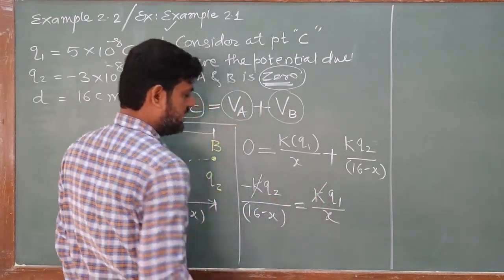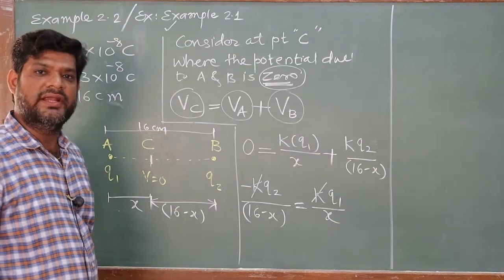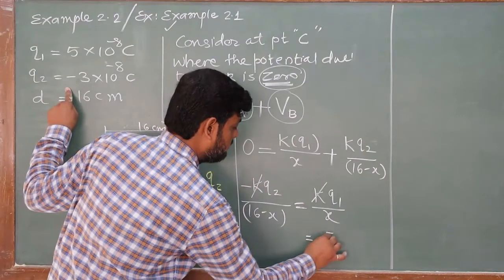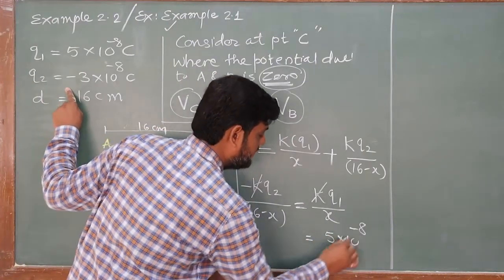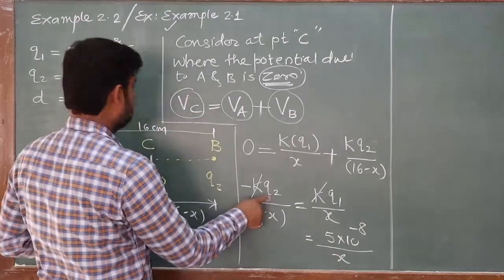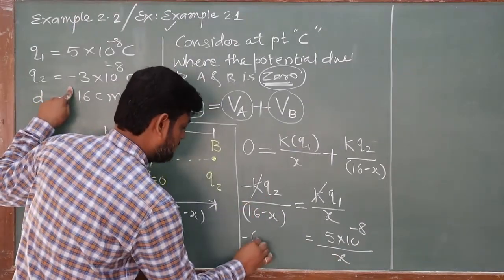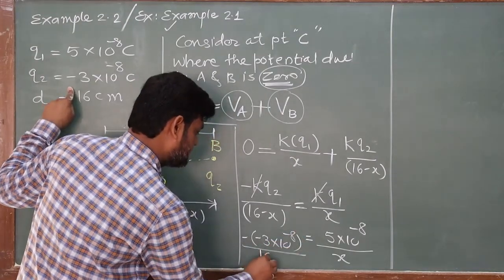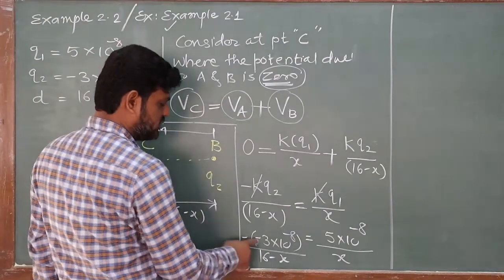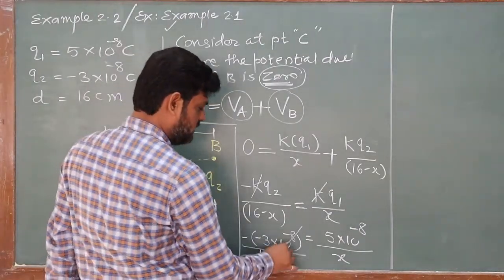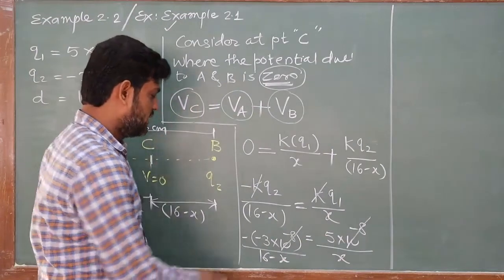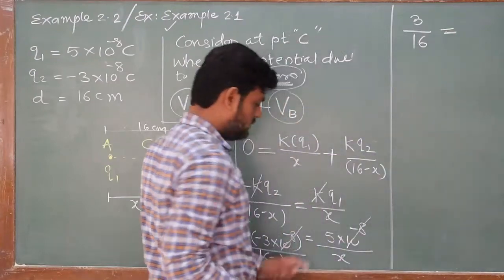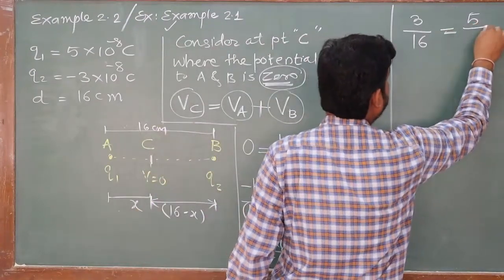This K gets cancelled. Now putting the values of Q1 and Q2: Q1 equal to 5 into 10 to the power minus 8 divided by x, and Q2 is minus 3 into 10 to the power minus 8 divided by 16 minus x. Minus becomes plus, and 10 to the power minus 8 cancels. So 3 divided by 16 minus x equal to 5 divided by x.